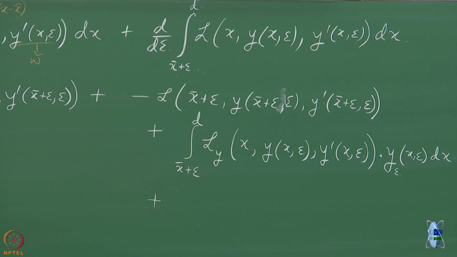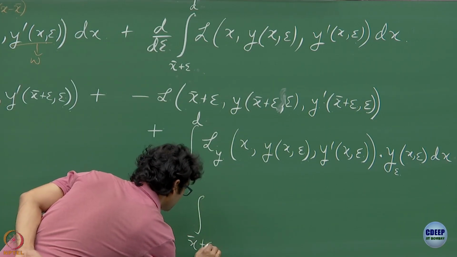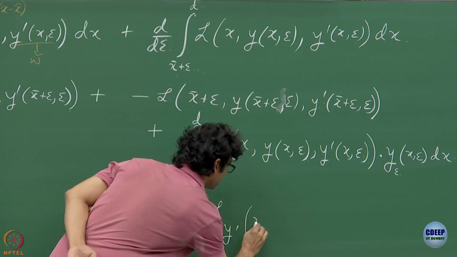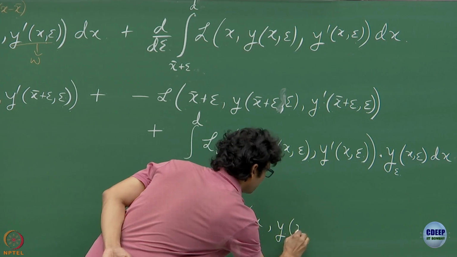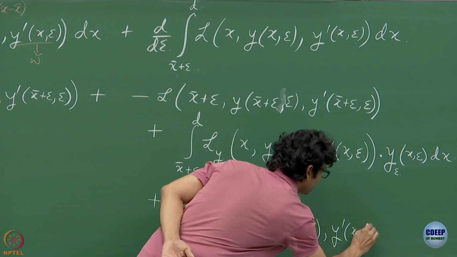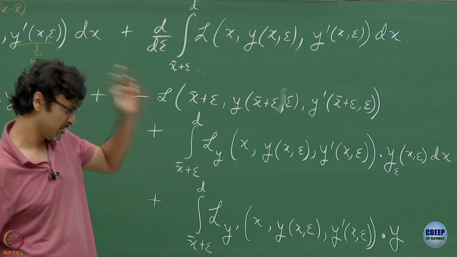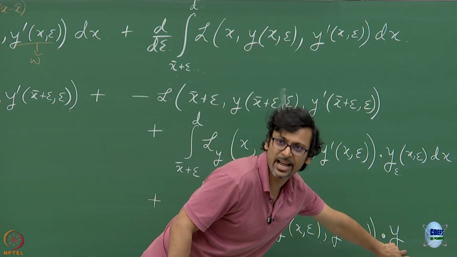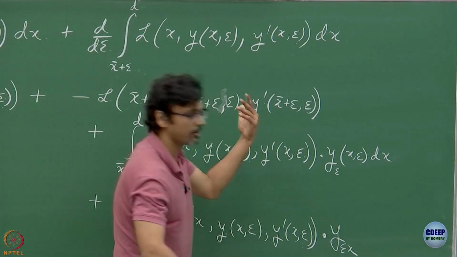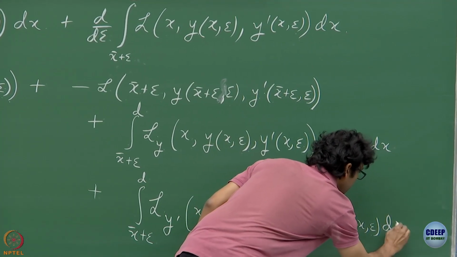Anything else? Multiplied by y dash, but I'm going to replace that dash for simplicity of notation. So epsilon x, x epsilon, the order won't matter. So this is x comma epsilon dx.